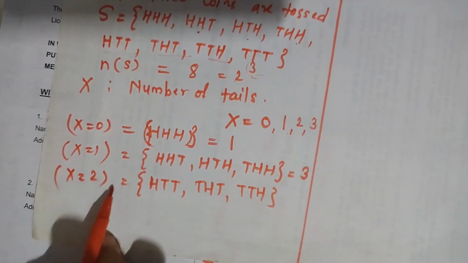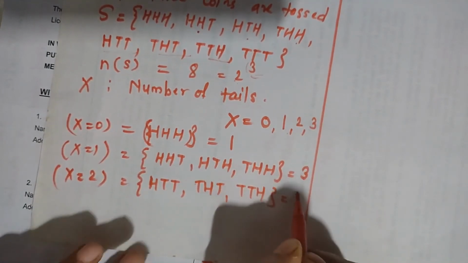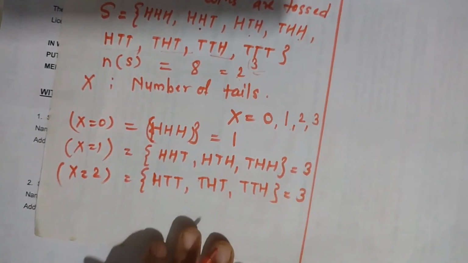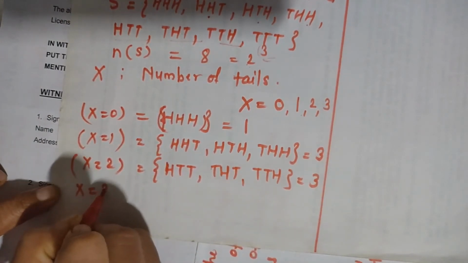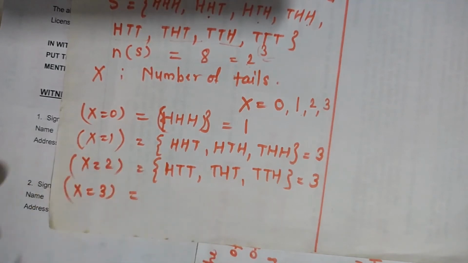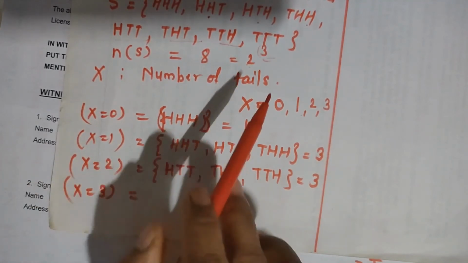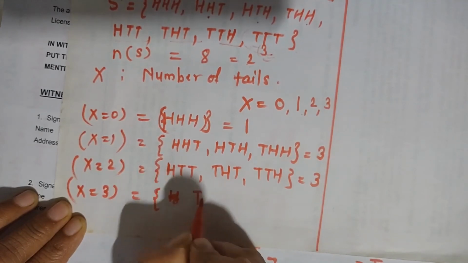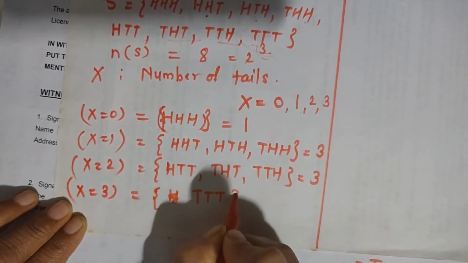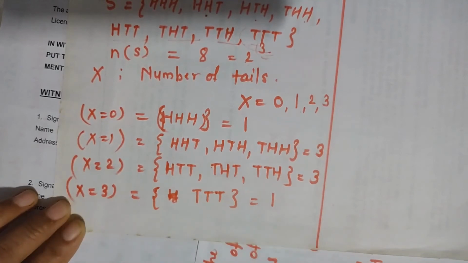So the number for X equal to 2 is 3. Now the next possibility for X is equal to 3 tails. For this possibility it is TTT. So the number is 1.